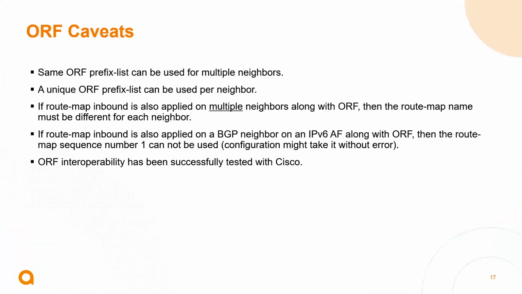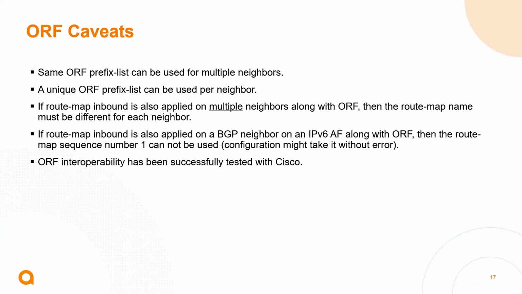So the next slide is about some items we have to pay attention to. The same ORF prefix list can be used for multiple neighbors at the same time. So there is no dependency. You can obviously also use a unique ORF prefix list for each neighbor.